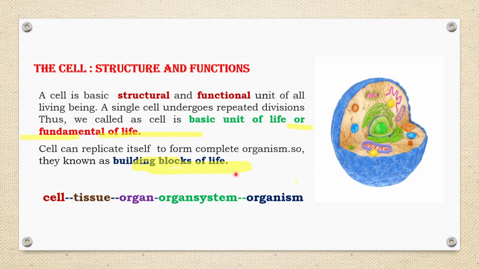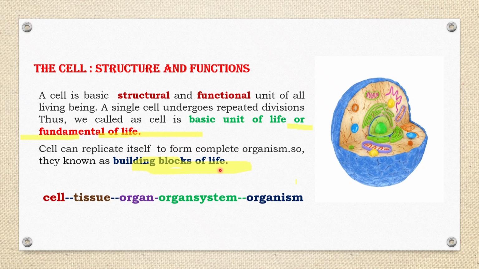Like that only, cell also works. One cell joins to another, and another, and they make a group of cells, to form a complete organism. That's why cell is called the building block of life, right? I hope you understood.